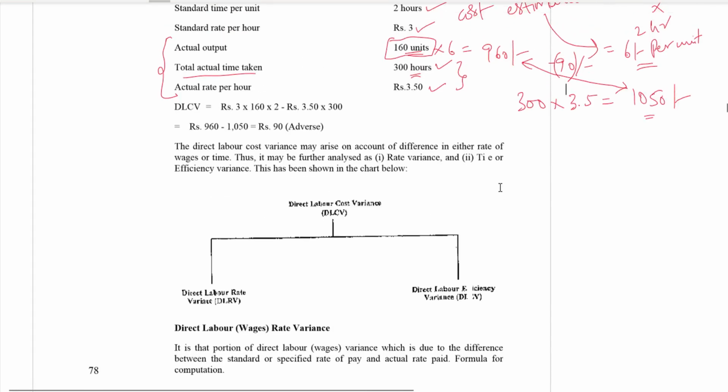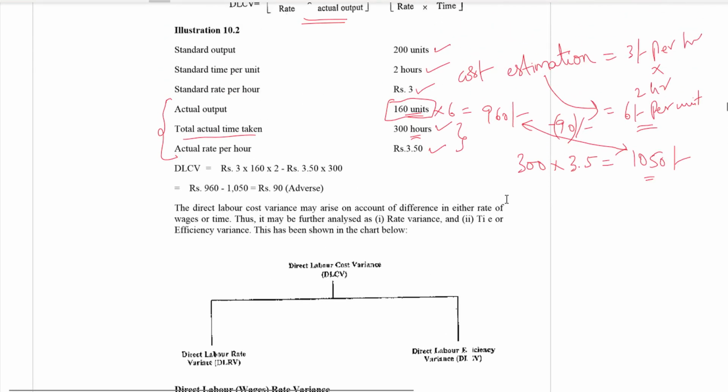So this could be because of two factors. One is change in the wages. They have estimated 3 rupees, but actually it's 3.5 rupees. And the second factor is time. They have estimated 160 into 2, 320 hours, but the actual time is 300 hours. So though the efficiency increased, from 320 hours to 300 hours, means the time is decreased, means efficiency is increased, but the charges are increased from 3 rupees to 3.5 rupees.